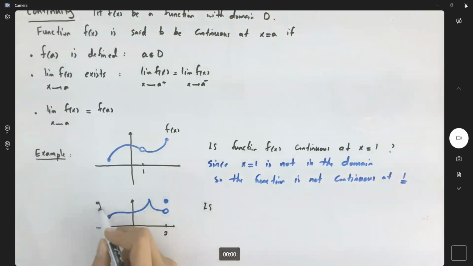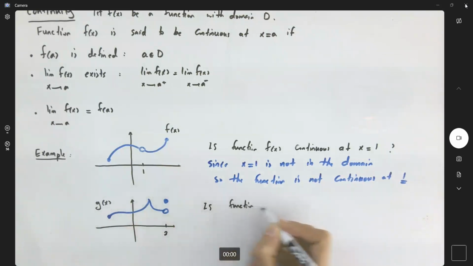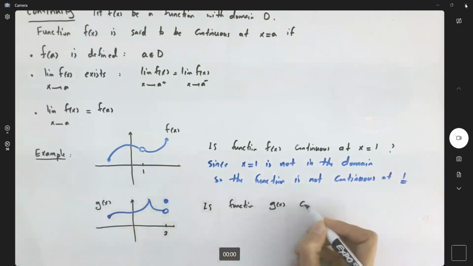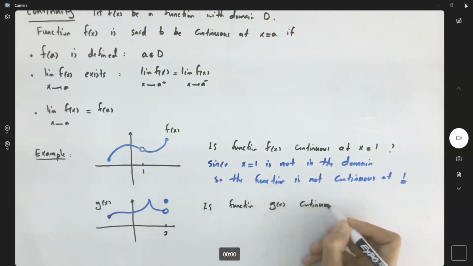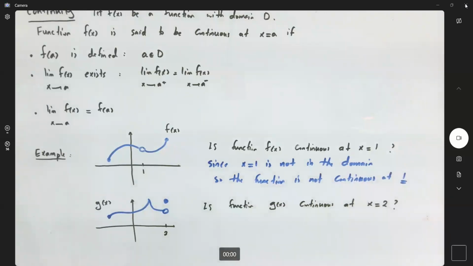Is function g of x, let's call it function g, continuous at x equals 2? Well, you might say that, hey, 2 belongs to the domain of the function, but since the output value of the function is different from the limit, the function is not continuous.